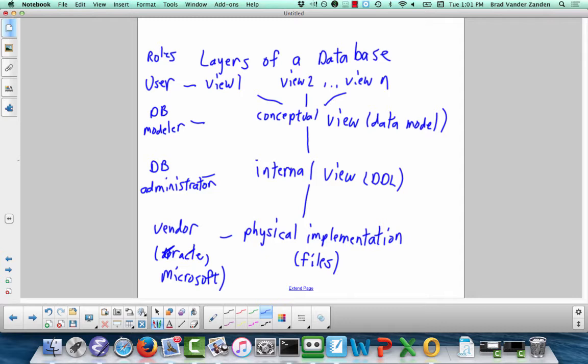The internal view is what many of you would actually be maintaining. That's where, well, the biggest money actually is for those who can do the physical implementation, because that's the most tricky, but there's only a handful of individuals in the world who do that. But they're paid a lot of money because it's pretty complicated stuff. Then internal view, database administrator, that's kind of the IT level.